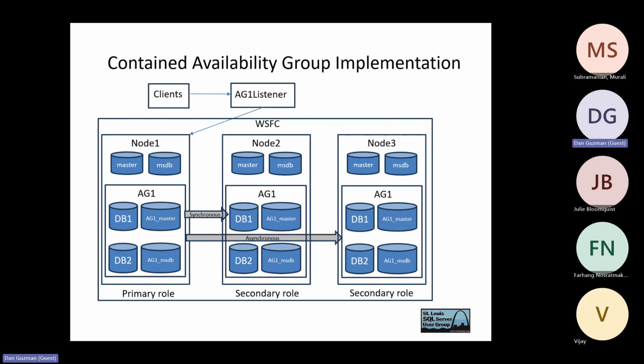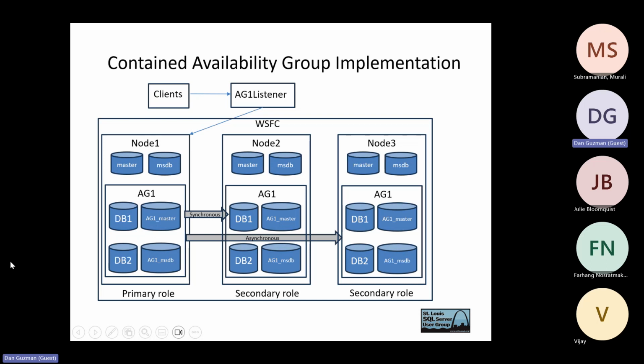So usually you're going to try to plan to have all of the databases that a given application needs as part of the same availability group. There's a lot of different ways to mix and match availability groups and contained databases, and it all depends on your environment and how you're planning to use them. There's a lot of flexibility there, but I just want to mention that best practice is to try to keep inside of an availability group if you can.